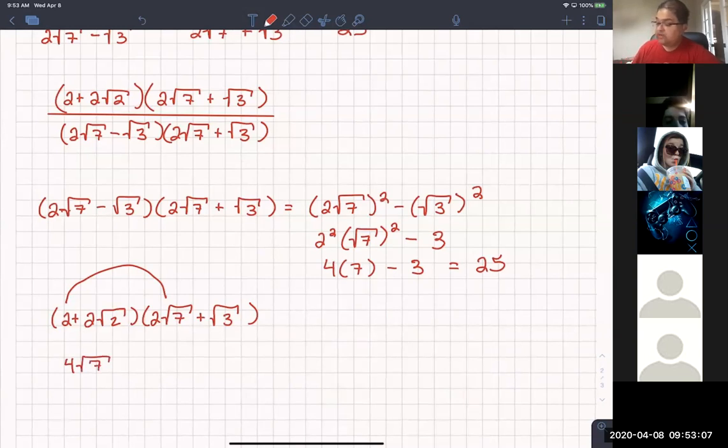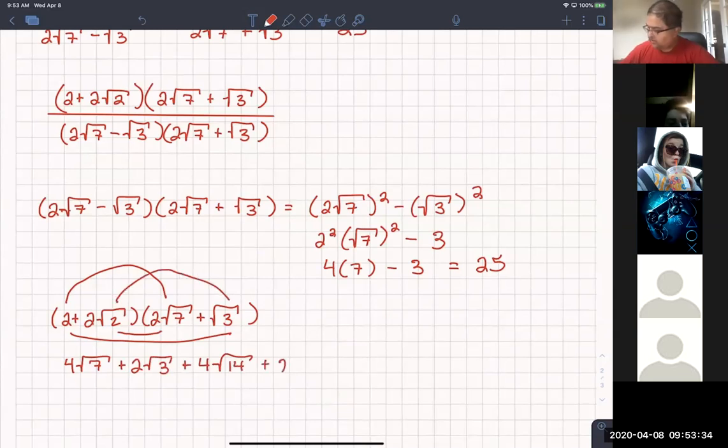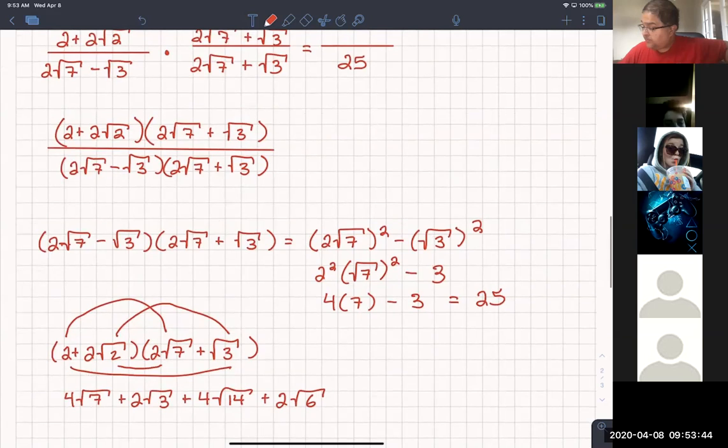Since there's no insides on the first terms, we just multiply the outsides. Then the outside terms, which is 2 times root 3, which is 2 root 3. Then we multiply the inside terms, which is 4 root 14. And we multiply the last terms, which is 2 root 6. Can we combine any of these? No. Can we simplify any of these? No. Okay.